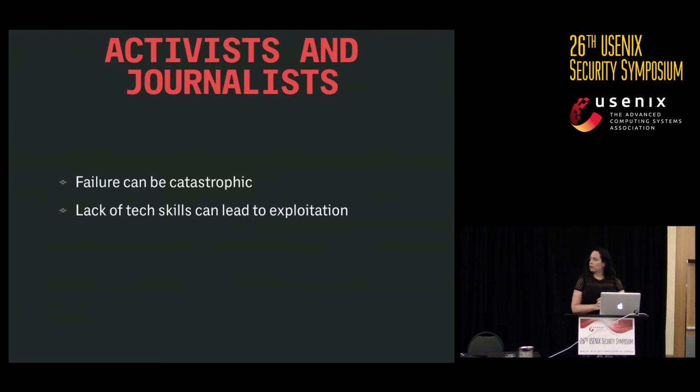And the other thing is that a lack of tech skills can lead to exploitation in these communities. They're very vulnerable. And by exploitation, obviously, I mean in the technical computer sense of the word, but also they're vulnerable to social engineering. And so with the rise of censorship and trying to circumvent it, there were a lot of snake oil companies that tried to take advantage of this.